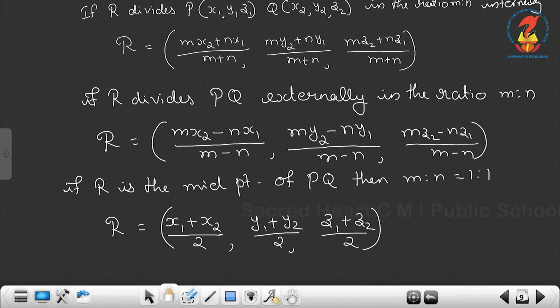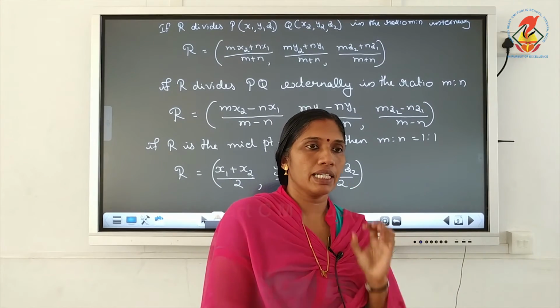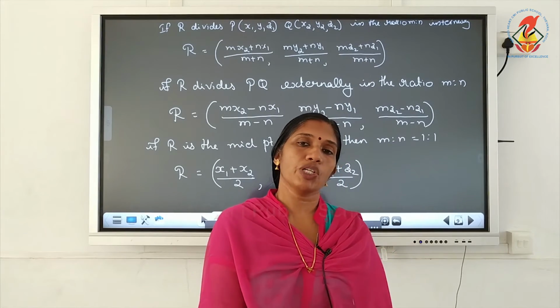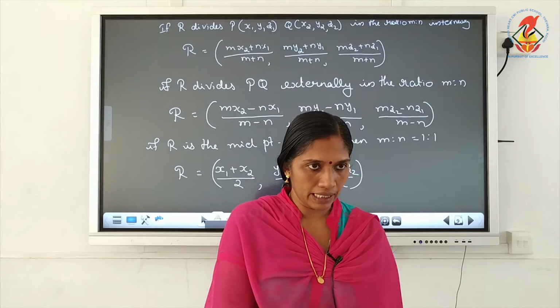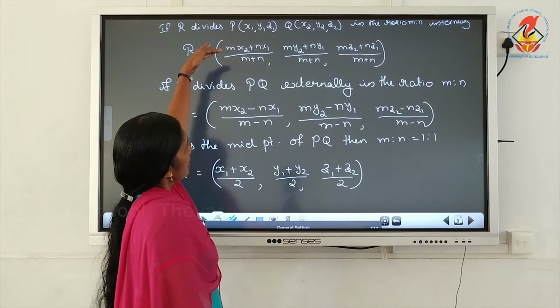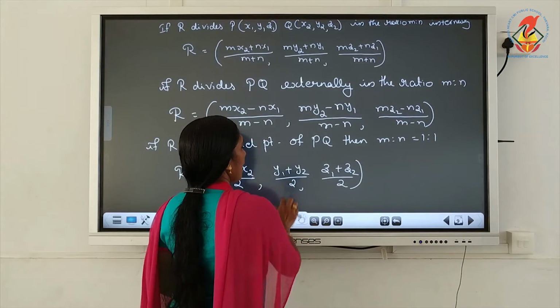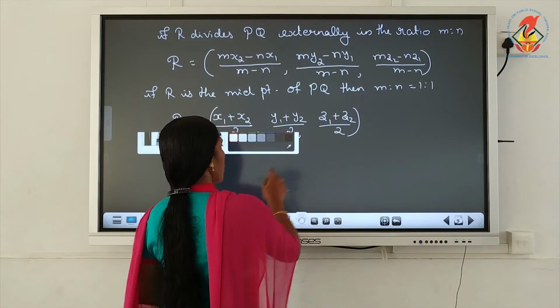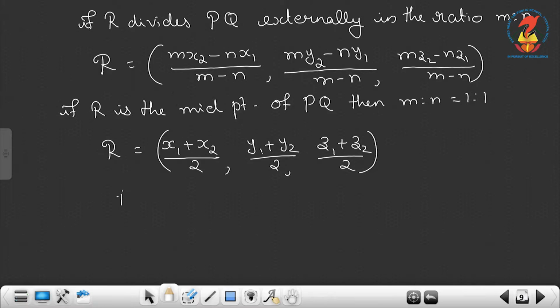Then in some questions, the question will be: find the ratio in which R divides PQ, externally or internally. So if the question is find the ratio, you can use the same formula m is to n, or the easy way is we can use k is to 1.